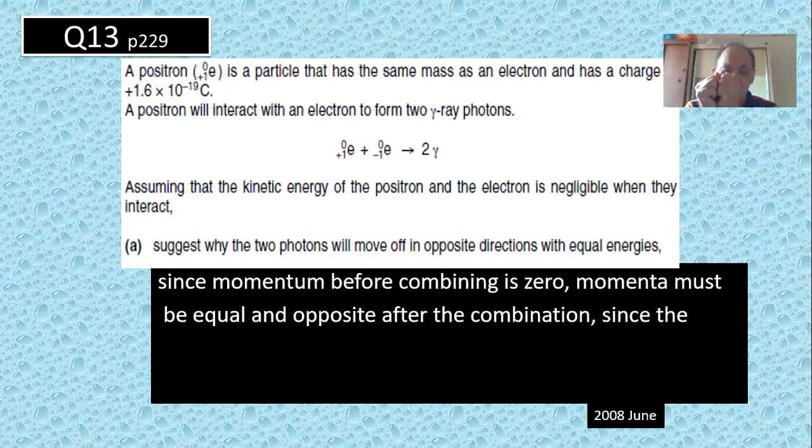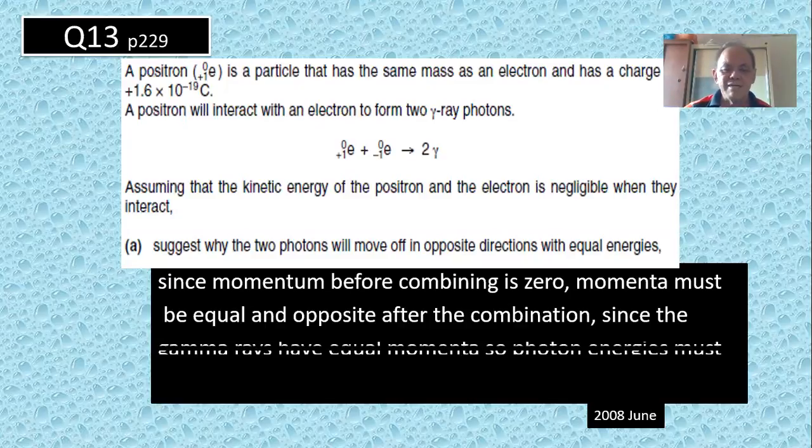Initially, they are 0. So finally, they must be moving in opposite directions, one goes up, one goes down, or one goes that way. Equal and opposite. After combination, since the gamma rays have equal momenta, the photon energy must be equal.